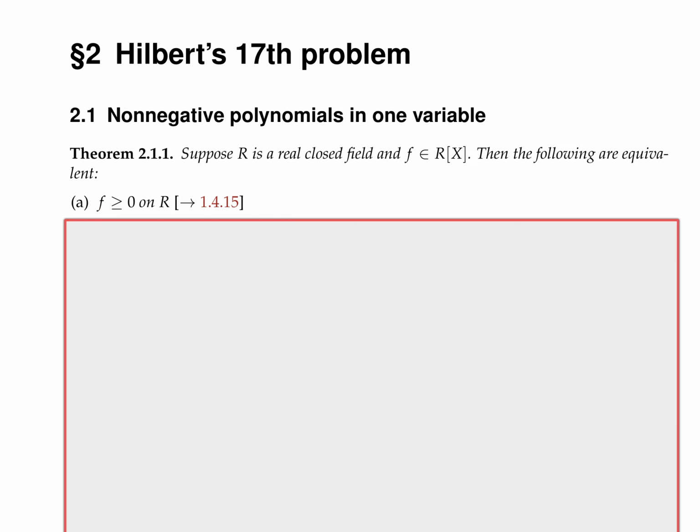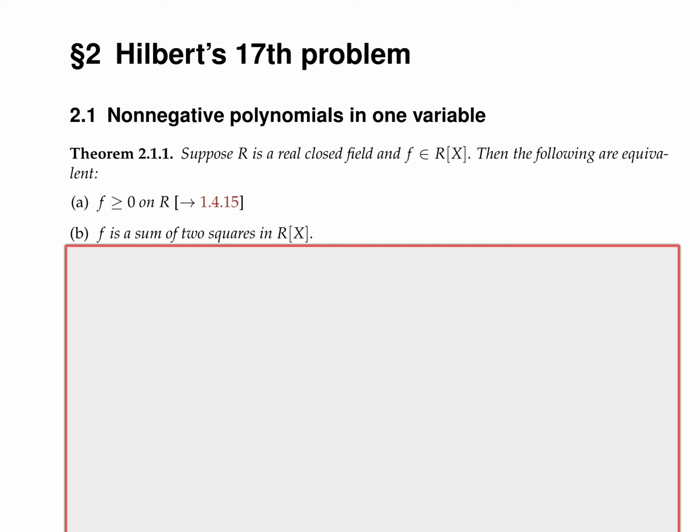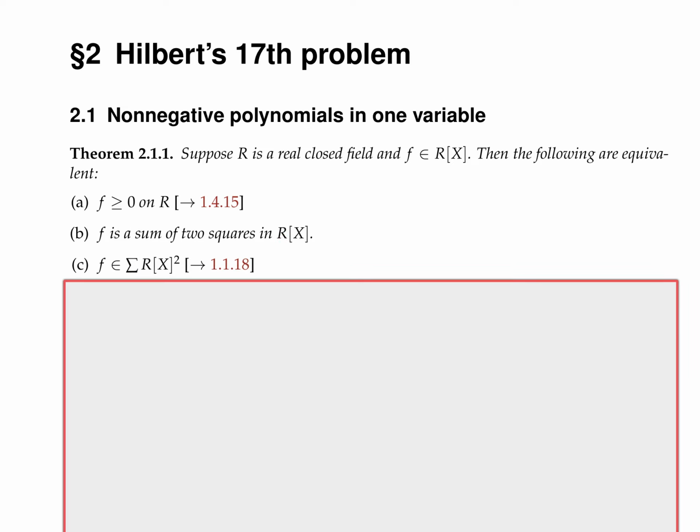B: F is a sum of two squares of polynomials over the same real closed field. And C: F is a sum of squares, of any number of squares, right? This refers to this notion of being non-negative on a set.